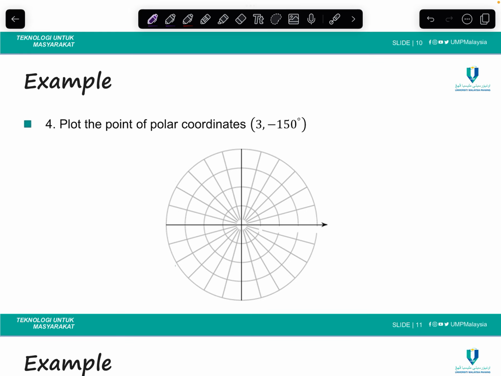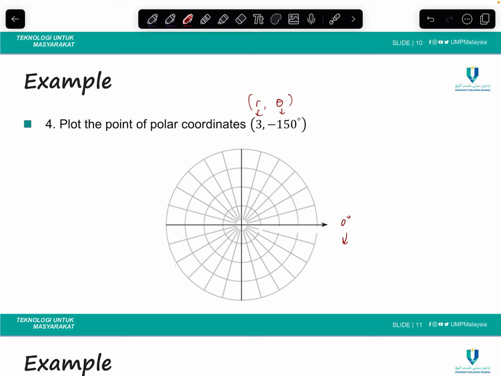So number 4, plot the point with polar coordinates (3, -150). The first element is r and the second element is theta. Here we must look at the value of theta first, to determine the direction. Now theta is negative, which means the direction is downward.